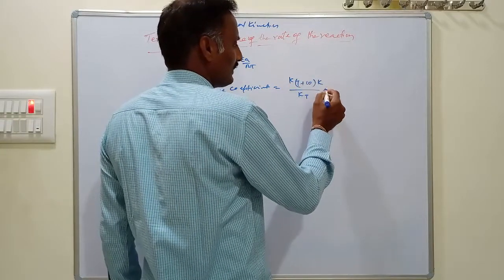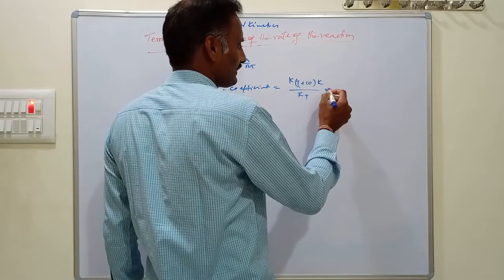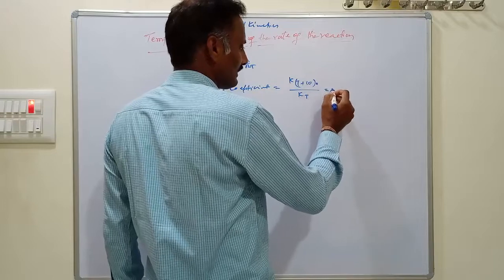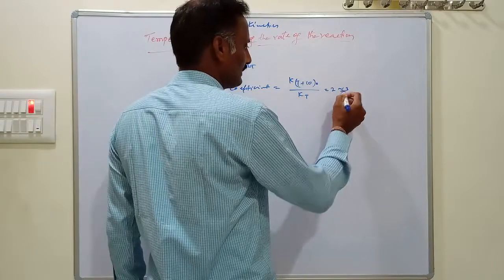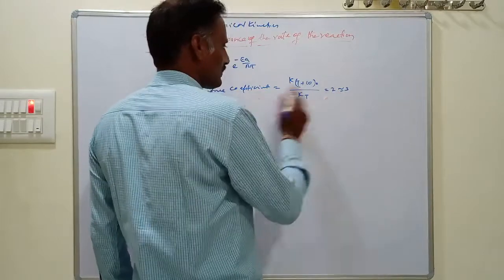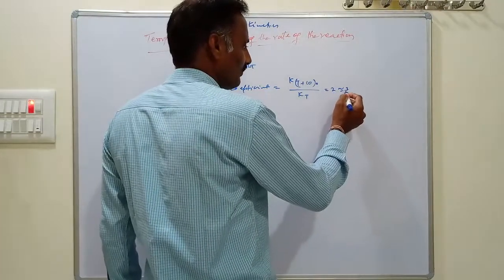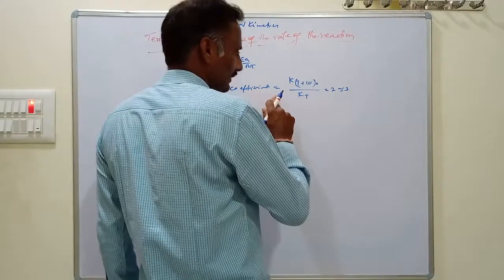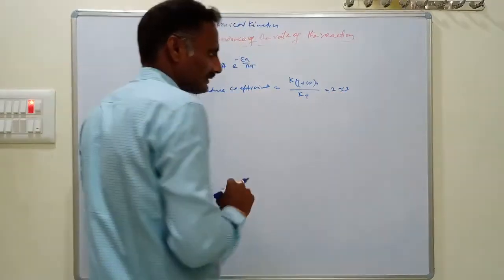For most chemical reactions this ratio is 2, and in very few cases it is 3. The value of the temperature coefficient is between 2 and 3.